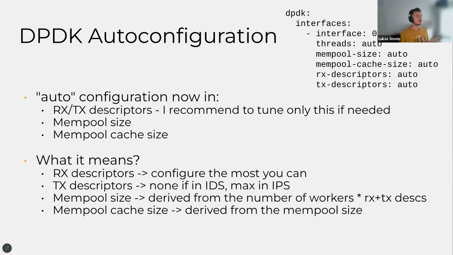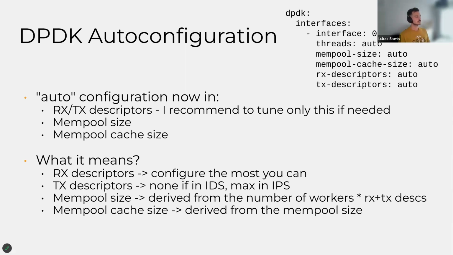Then mempool size, or I will start with RX/TX descriptors. This is known from AF_PACKET as well, but generally with RX descriptors, it tries to allocate the most descriptors it can.